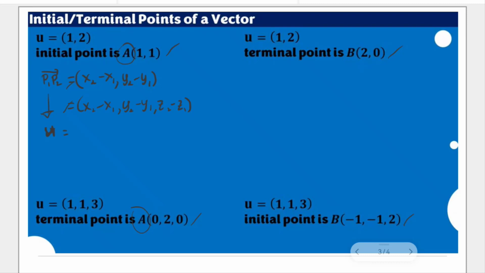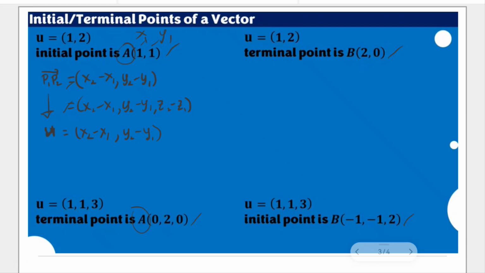Now for our first given here, it's the vector u, which is the result. This is R2, so you'll have x sub 2 minus x sub 1 and y sub 2 minus y sub 1. Since point A is your initial point, these values of 1, 1 are your x sub 1 and y sub 1 values.